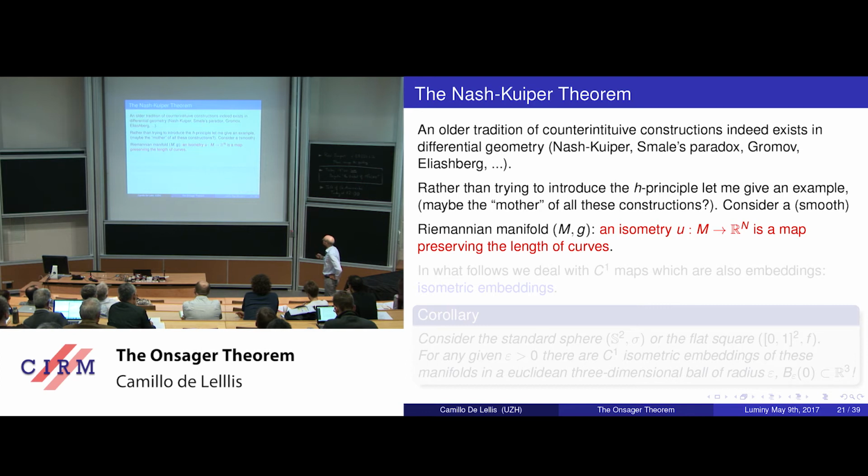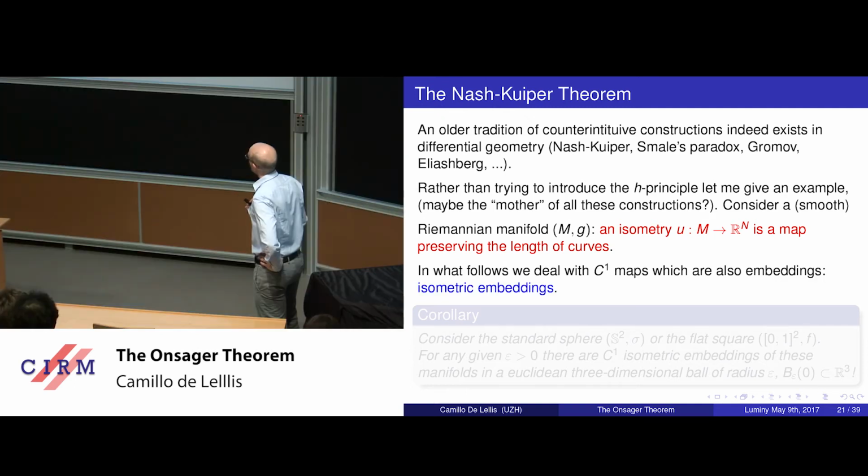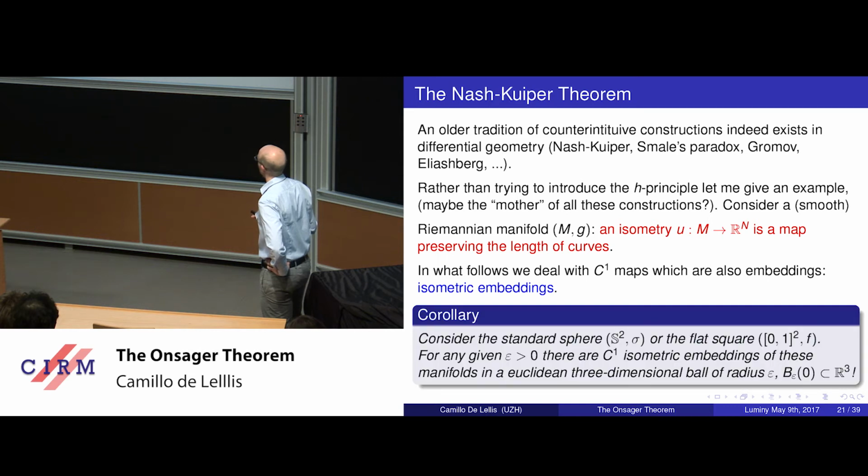An isometry in R^n of this Riemannian manifold is a map u from my manifold into R^n, which is preserving the length of the curves. Now, in what follows in this talk, we will always be talking about C^1 maps, which are also embeddings, so they will be called isometric embeddings. I'm not stating the Nash-Kuiper theorem, but I'm stating a corollary.